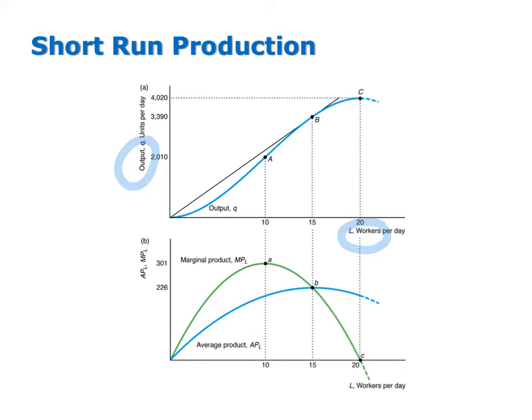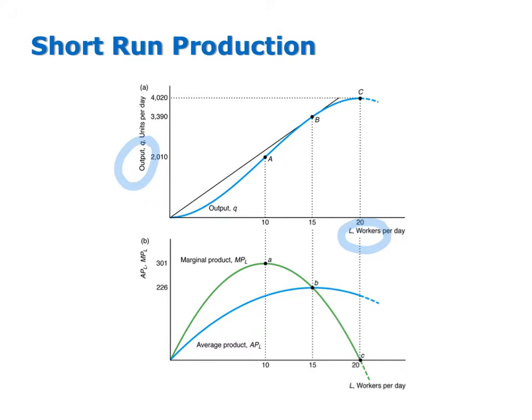And we see specialization makes the productivity of workers increase. So up until the 10th worker, total product is increasing at an increasing rate, so marginal product is both positive and increasing, likely due to the division and specialization of labor.